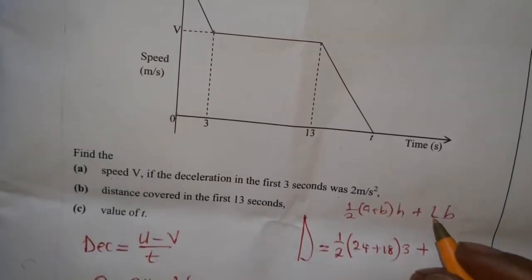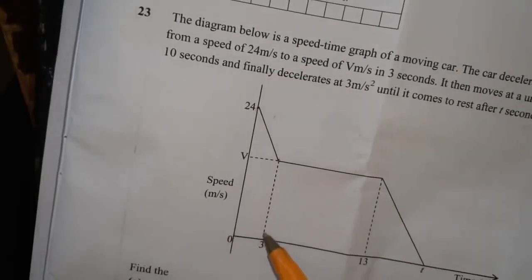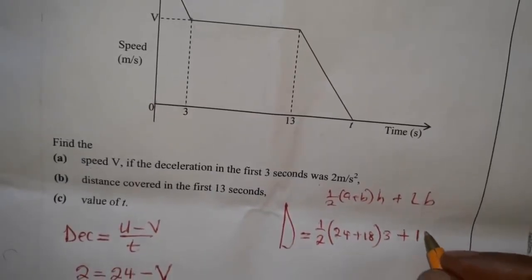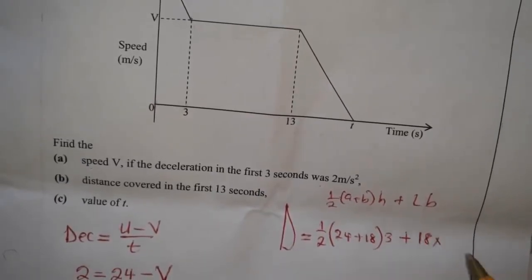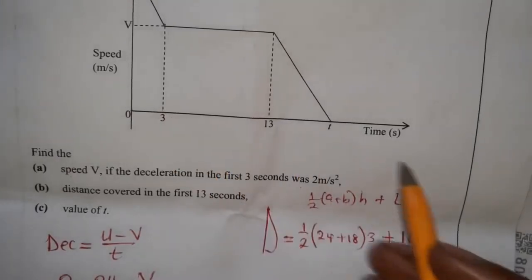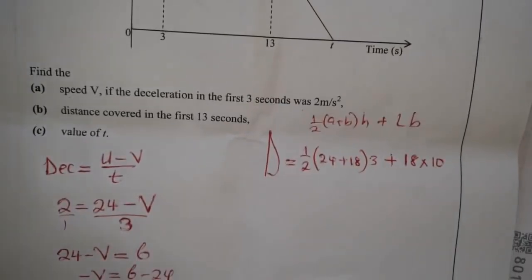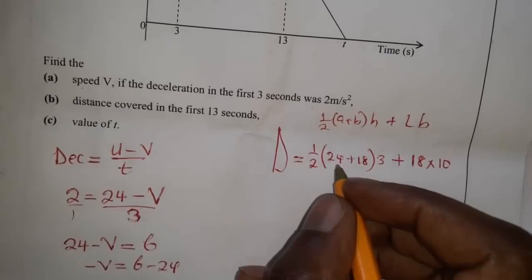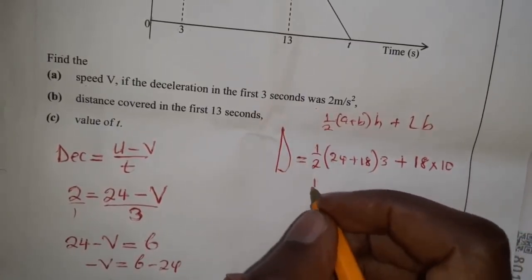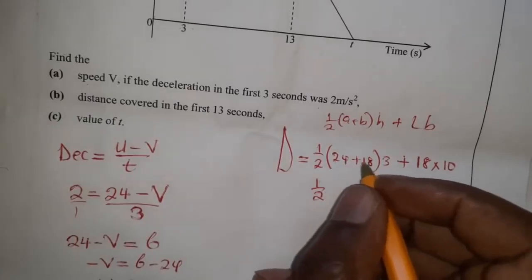The height, or this part here, from here up to there, it's what? It's 18. Then this point here, it's what? It's 10, isn't it? It's 10. So that is what we need to work with. This is going to give us what? 1 over 2. We need to add these two.